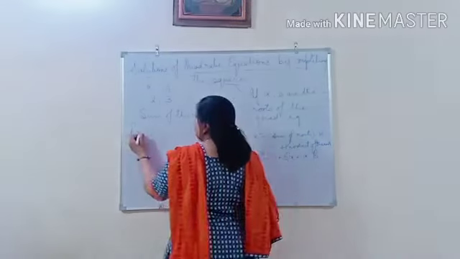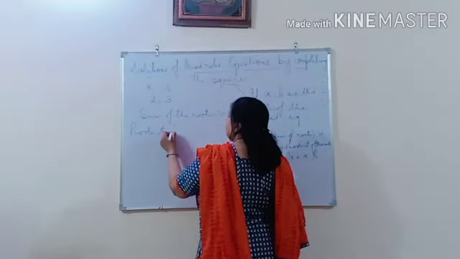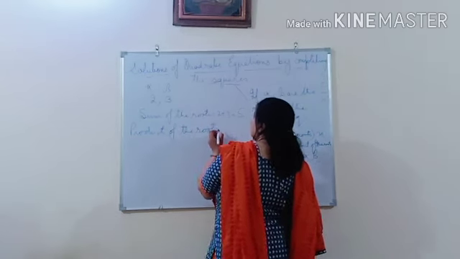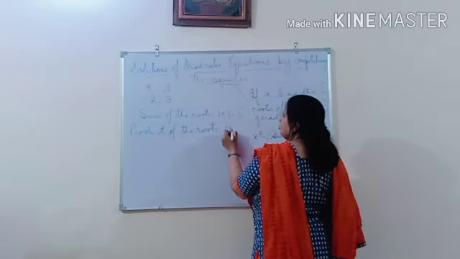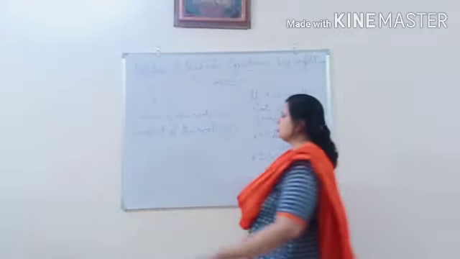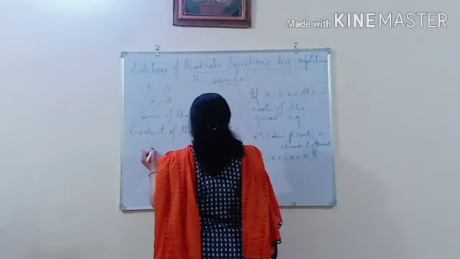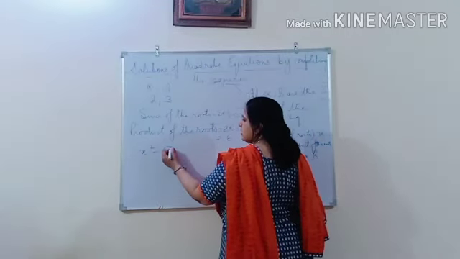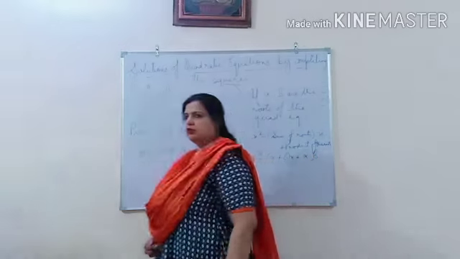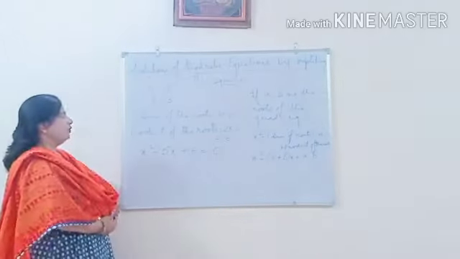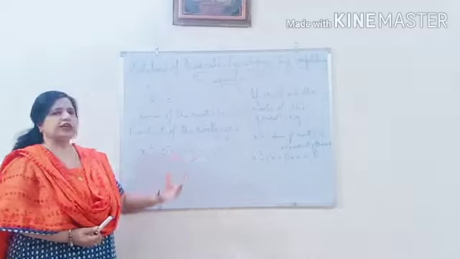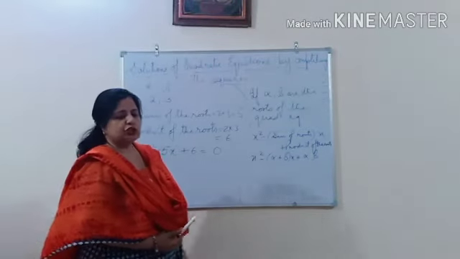Product of the roots will be equal to 2 into 3 equal to 6. So the quadratic equation will be x square minus sum of the roots times x plus product of the roots. So if the roots of the quadratic equation are given, we can find the quadratic equation.